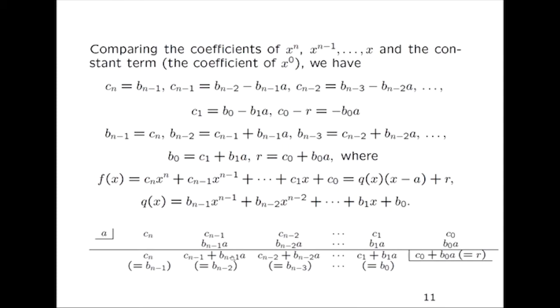You get this quantity, and that is nothing but b(n-2), and that way you can find the bi's. So please look at these slides later. All right, I don't want to take so much time here. In this part, I want you to be able to calculate by this synthetic method. Okay, let's practice.